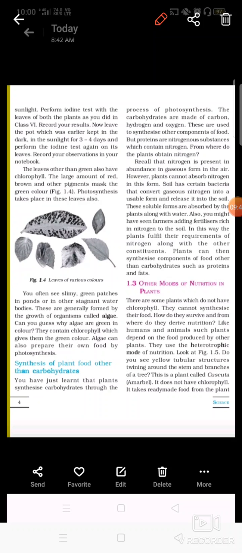Starch is also produced by other colored leaves, but in smaller quantity. Algae are living beings found in ponds, and these are also autotrophic in nature. Plants synthesize, other than carbohydrates, fats and proteins as well. Other modes of nutrition, that is heterotrophic nutrition, we will discuss in our next lecture.